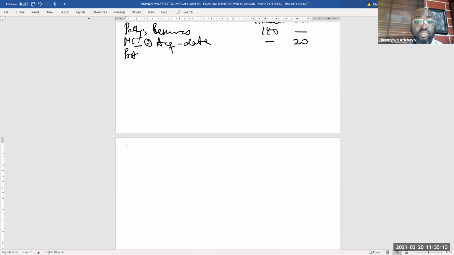Share of post-acquisition profits. What ratio is that?